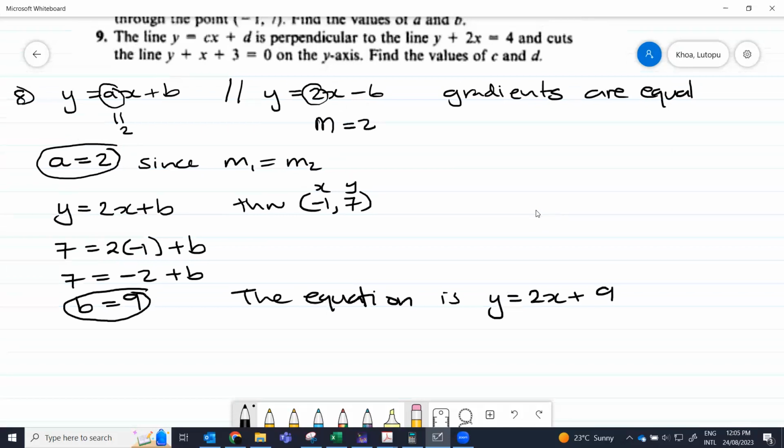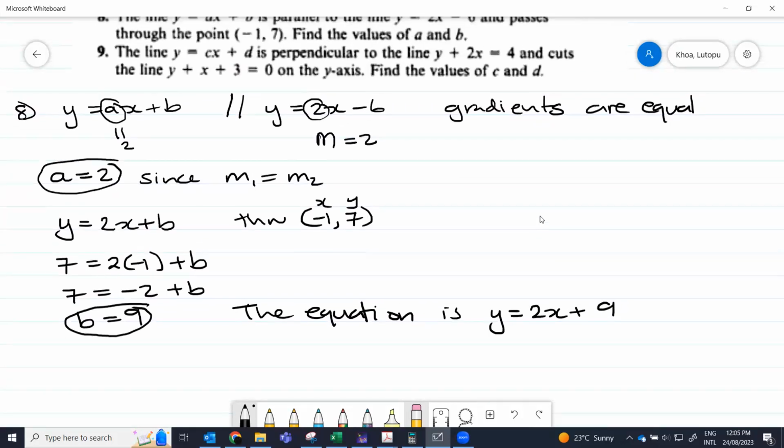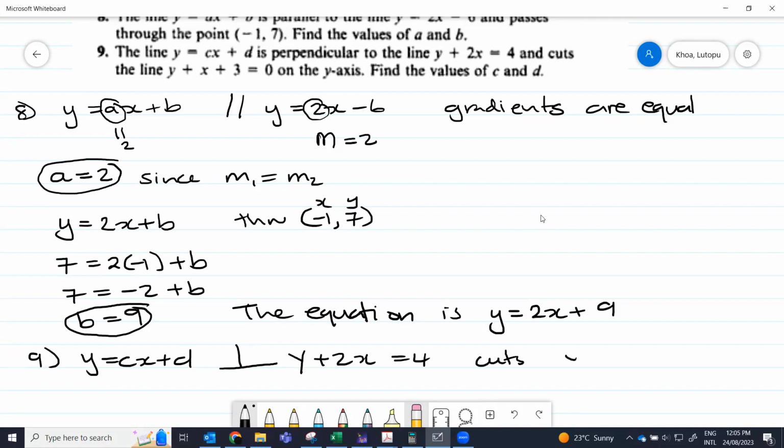Okay, and then number 9, we have the line y is equal to cx plus d, and we're told it's perpendicular to the line y plus 2x is equal to 4, and cuts the line y plus x plus 3 is equal to 0 on the y-axis.